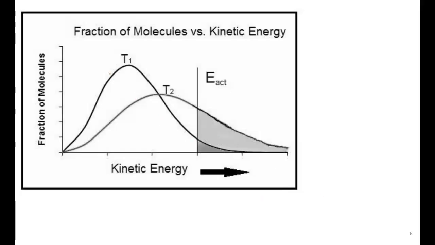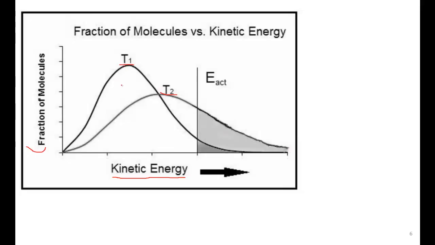So if I have a certain distribution of particles. So this is a Maxwell-Boltzmann distribution. We've seen this before. The x-axis here is kinetic energy, and this is a fraction of molecules. So if I have a certain temperature, then I'm going to have some distribution of kinetic energy amongst those molecules. If I raise the temperature, my average kinetic energy is going to be higher. Remember that the distribution of the particles changes, it broadens, okay?